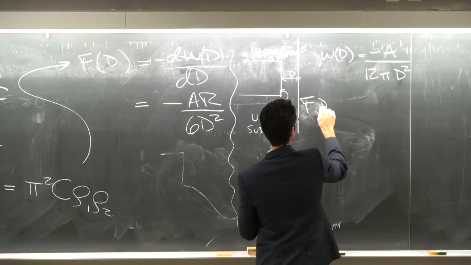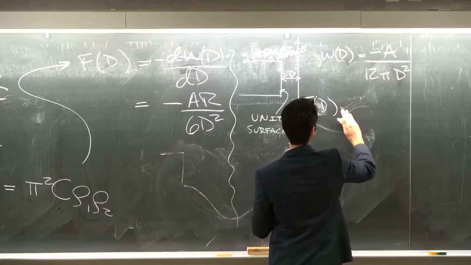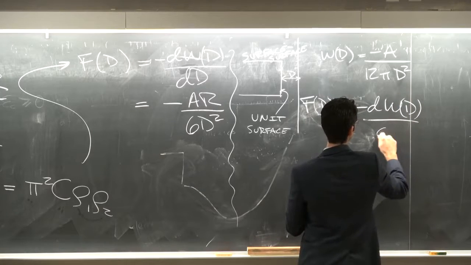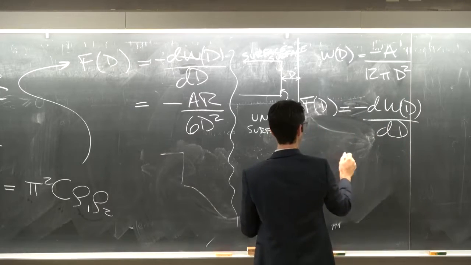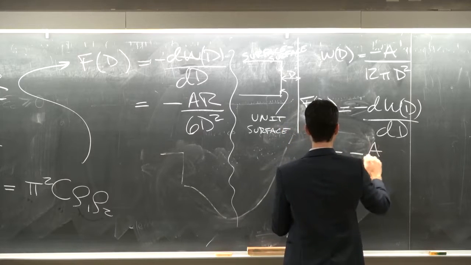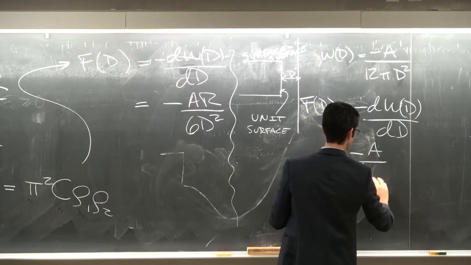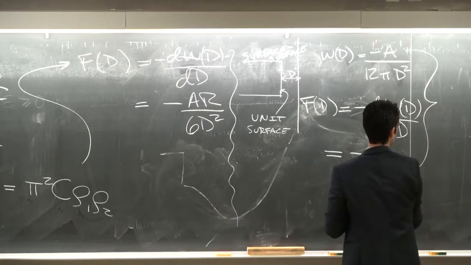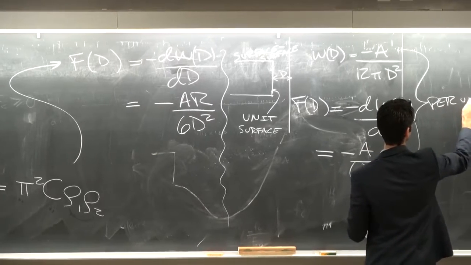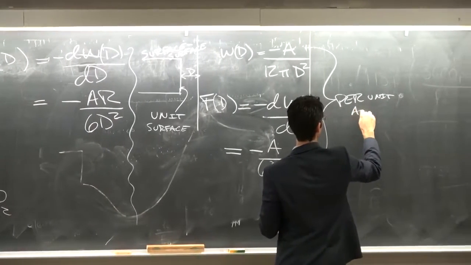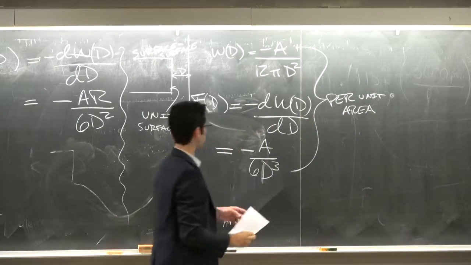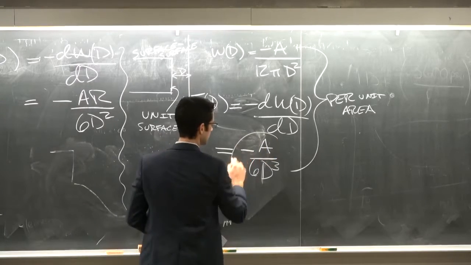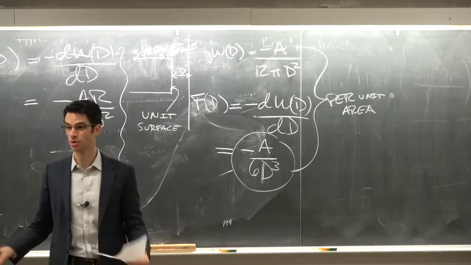And the force, again, is minus dW(D)/dD, or minus A over 6 D cubed, and this is all per unit area. What is a force per unit area? Pressure. So this is sometimes called the Van der Waals pressure.